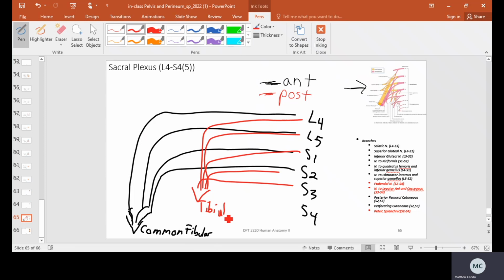Okay, so my tibial nerve and my common fibular nerve are going to be important because my common fibular nerve plus my tibial nerve is going to equal my sciatic nerve. Remember at the very beginning of class I said that the sciatic nerve is not really a nerve.